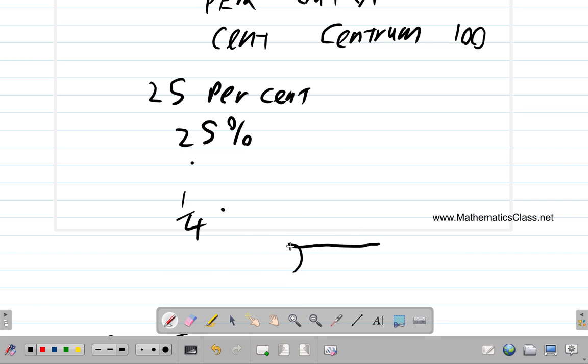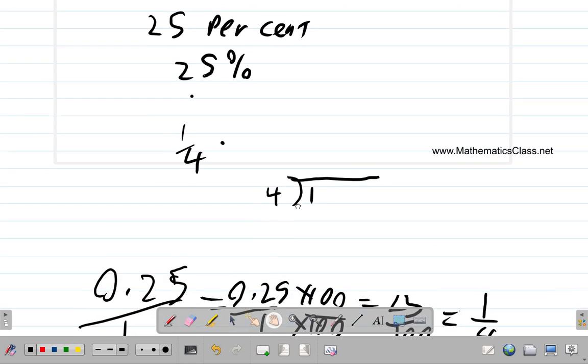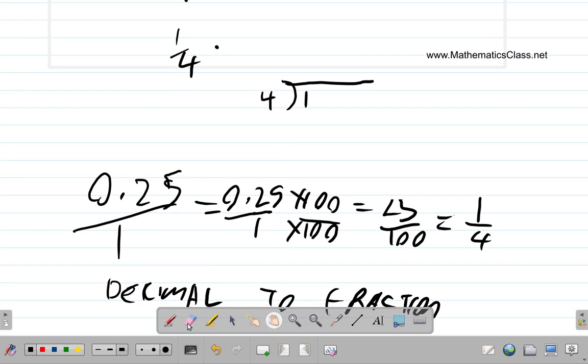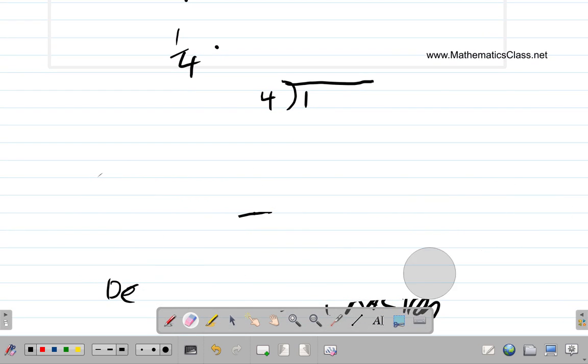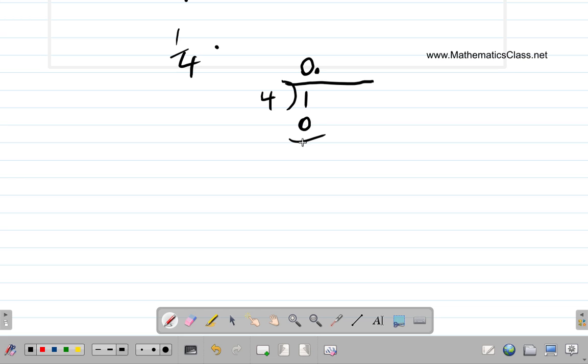Remember what we did? Let's do it again. We're going to do our long division to convert a fraction into a decimal. 4 into 1, you put 0. 0 times 4 is 0, and 1 minus 0 is 1.